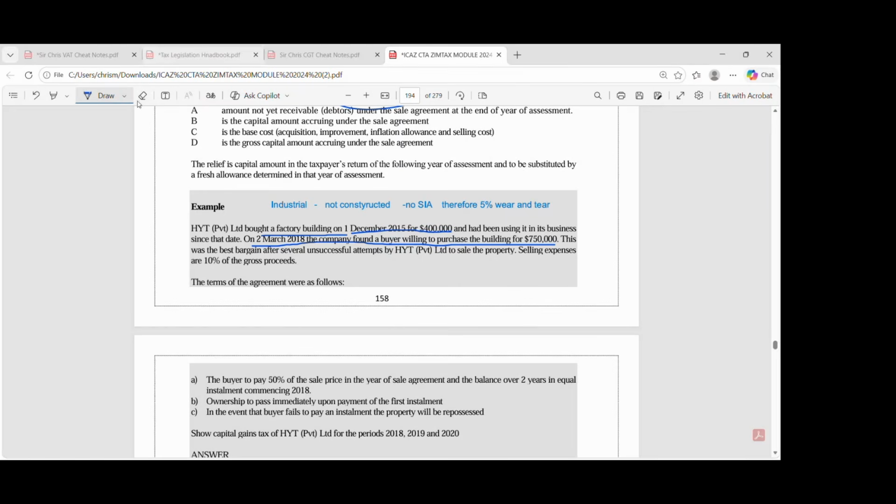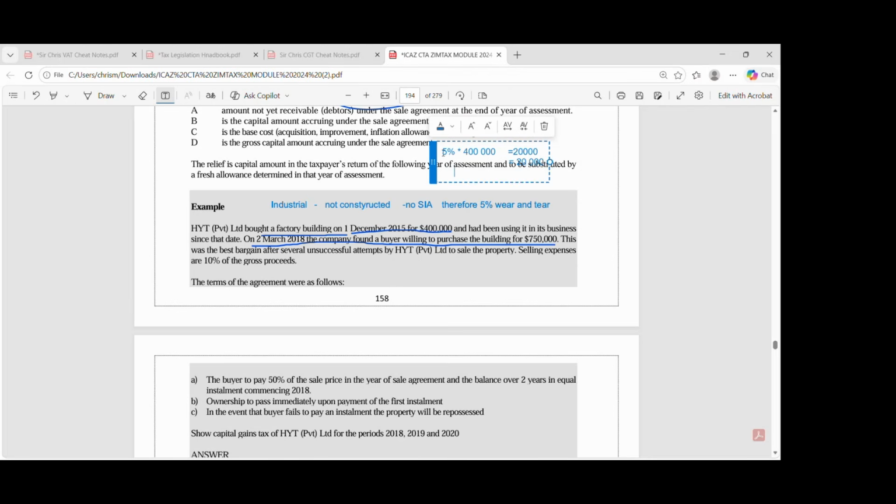In terms of the income tax principle, it attracted 5% of the original cost of 400,000. How much is it per year? 5% of 400,000 is 20,000 per year, which is year one, 2015. Then another 20,000 in 2016.